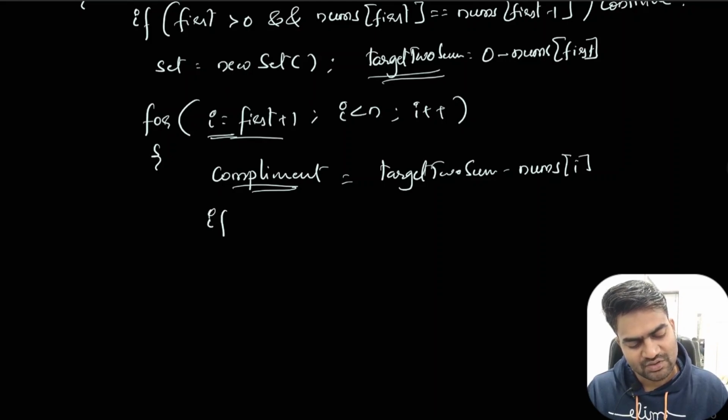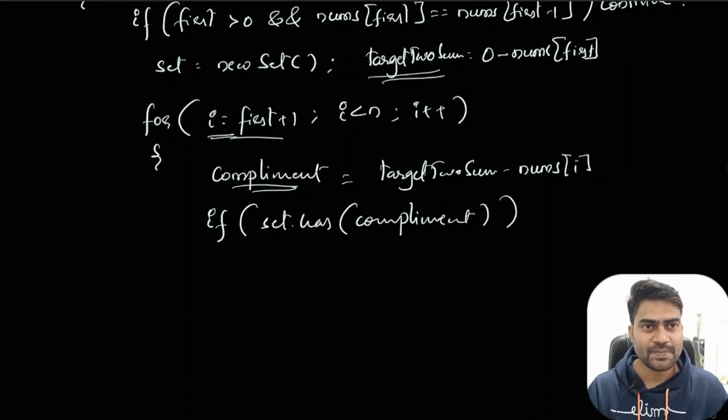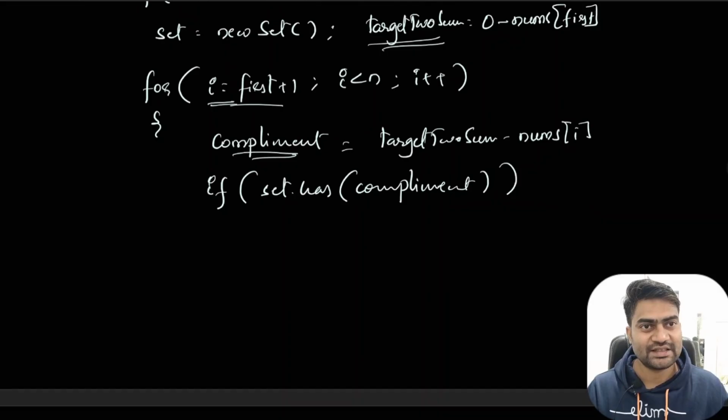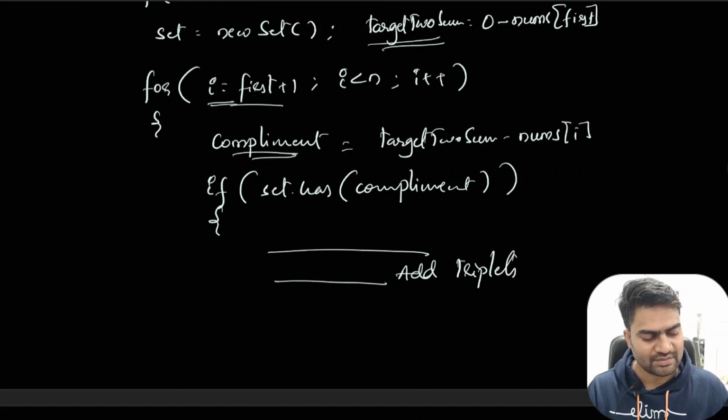Now, if my set has the complement, then I found the triplet. If that is the case, I need to take out this triplet. We will see how to do that in the code. Then add that to our triplets list.